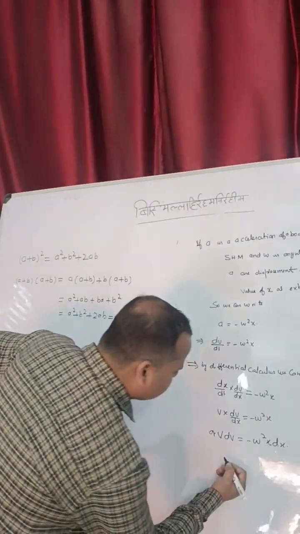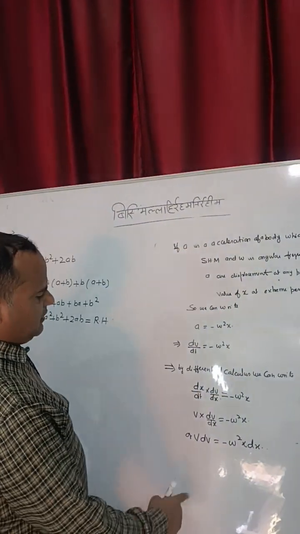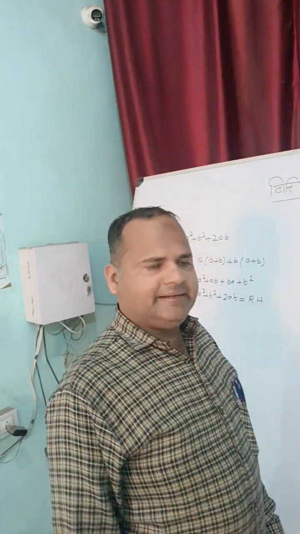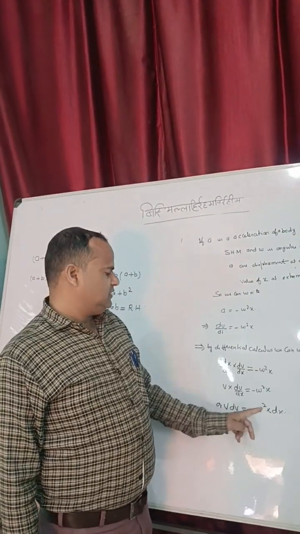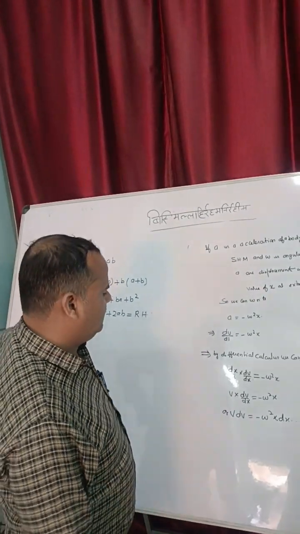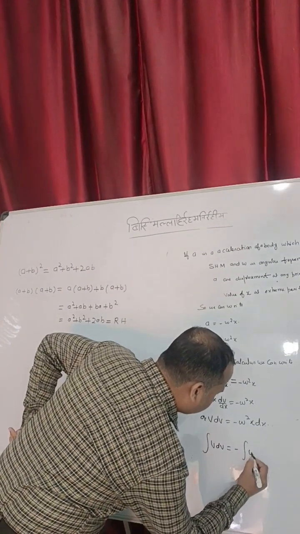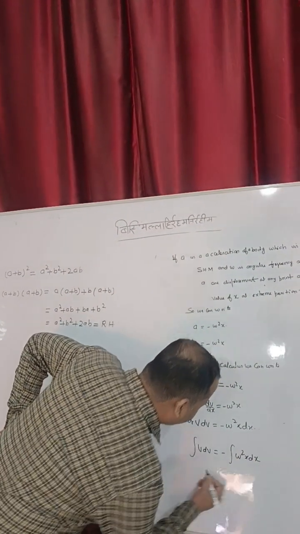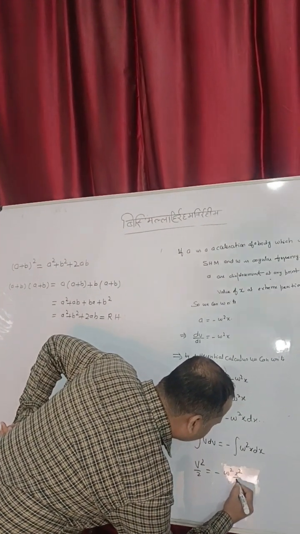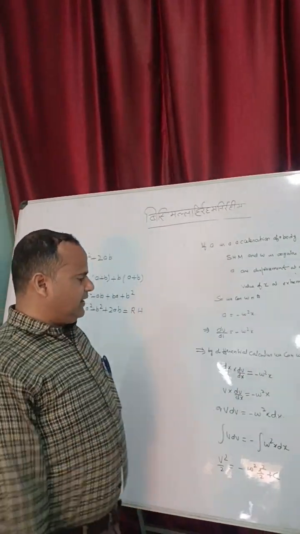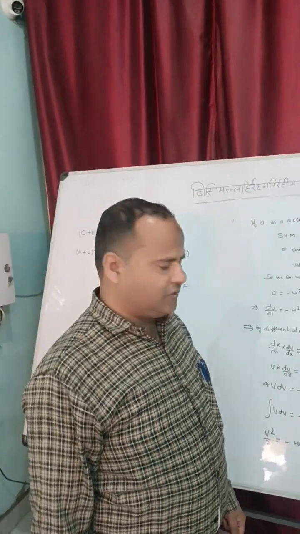Integrating this expression, we find v square by 2 is equal to minus omega square x square by 2 plus c, where c is the constant of integration.